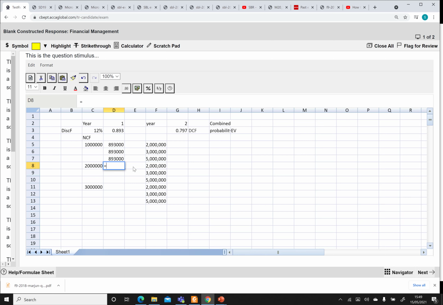Here I've got 0.893 times 2 million, giving me double that amount, 1,786,000. And in this case, I'm using equals the above to just drag down the figure. Here I've got 3 million times 0.893, and again equals the above, and dragging it down, when I don't make a mistake.